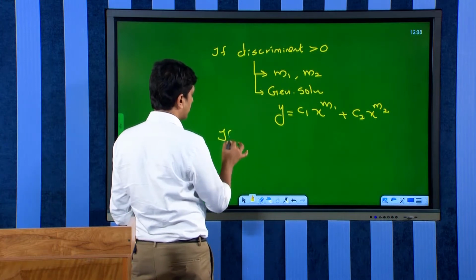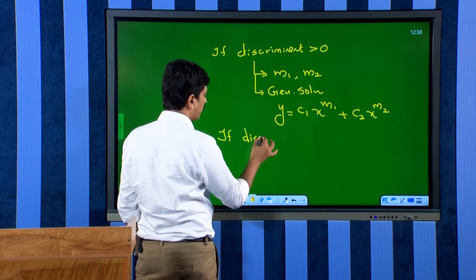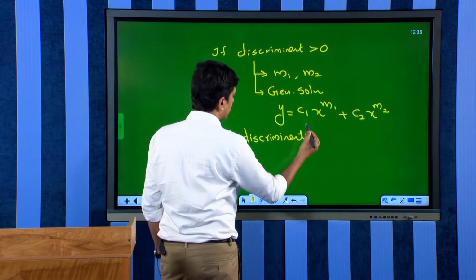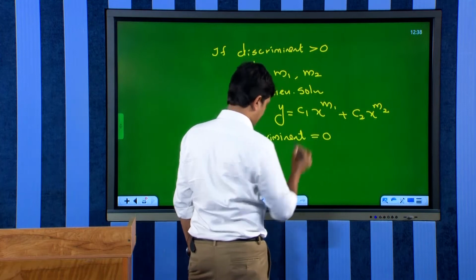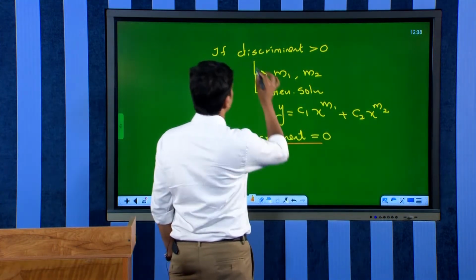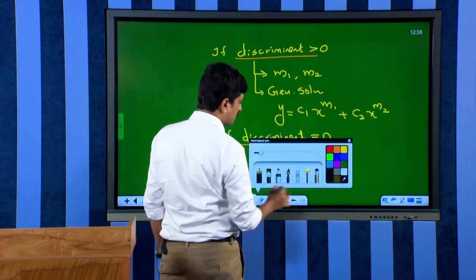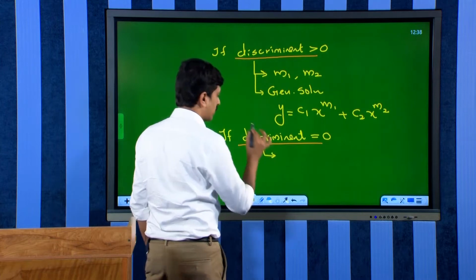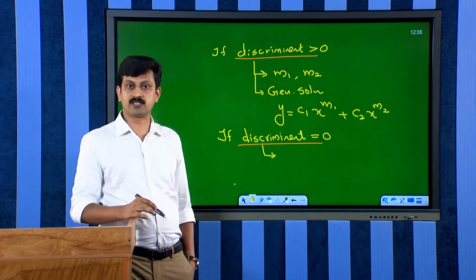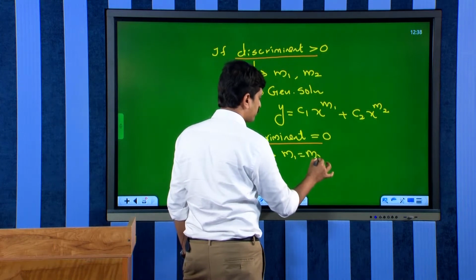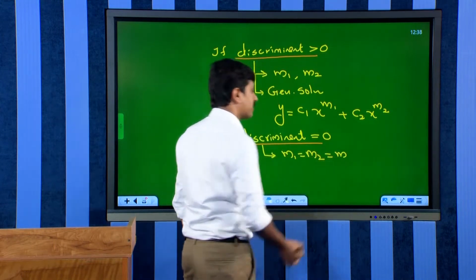If the discriminant is equal to 0, in this case the roots of the auxiliary equation are m1 is equal to m2 is equal to m.